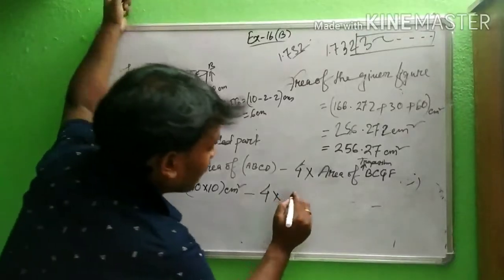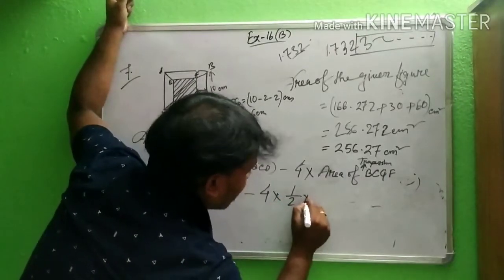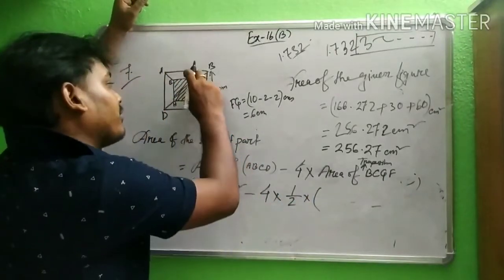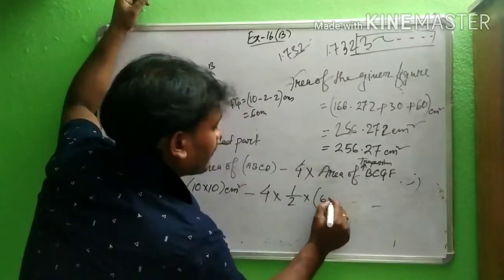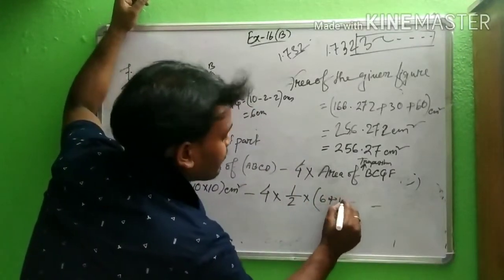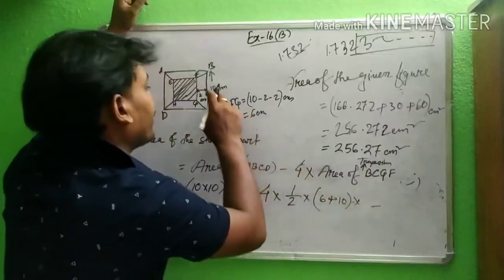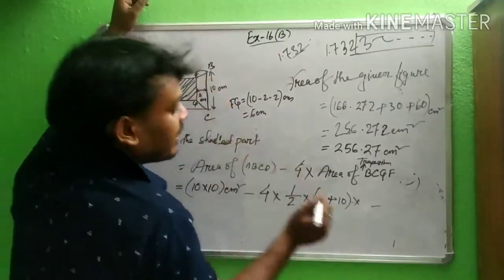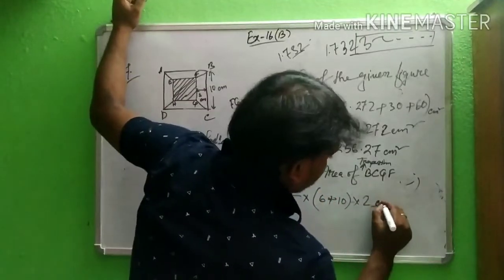So the area of the trapezium is half into the sum of parallel sides. The value of this side is 6, the other side is 10, and the height is 2 centimeter.